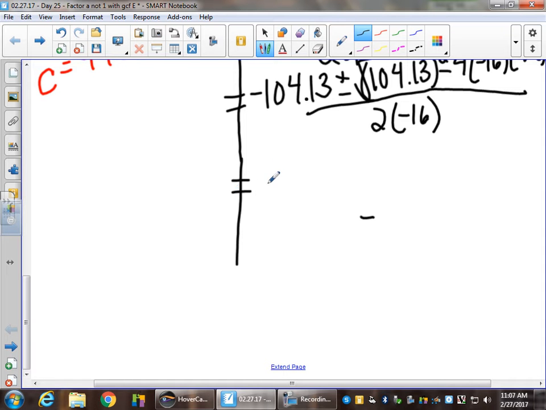Everybody should be getting out their calculators. I don't have enough room for that. Just write really small or use the back or use the sides. What's 104.13 squared? Everybody do it out. What'd you get?